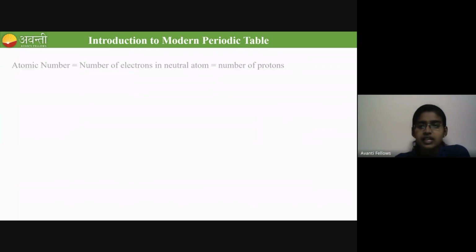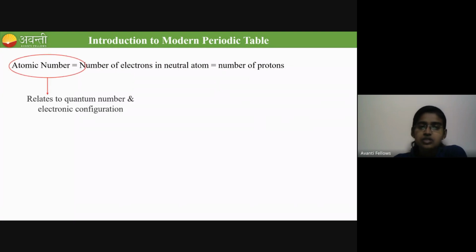The atomic number is the number of electrons in the neutral atom, and or the number of protons in the atom. It also relates to the quantum number and the electronic configuration.